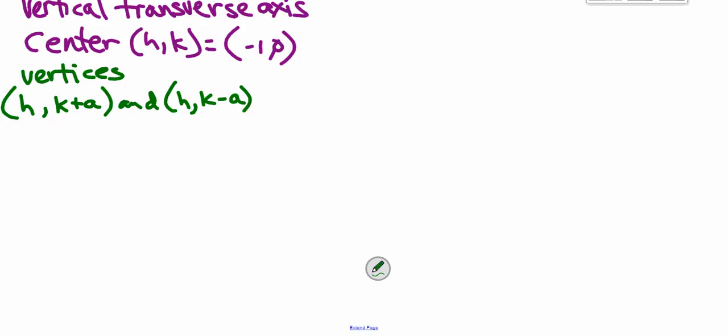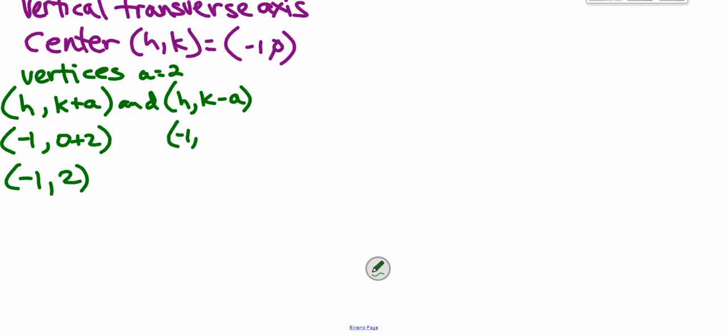Just a reminder, a was equal to 2. So our vertices will be at -1 comma 0 plus 2, so at -1, 2, and also at -1, 0 minus 2, so -1, -2. So I've got those vertices.